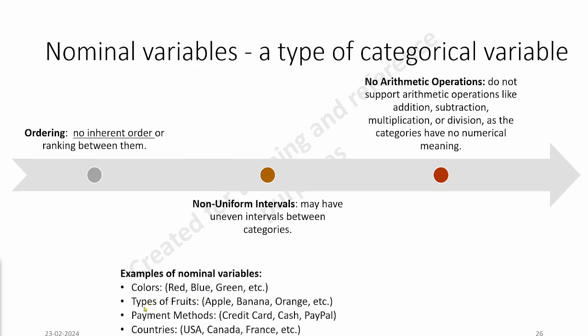The examples are type of fruits, let's say apple, banana, orange, completely random data and nothing to do with any kind of order here. Countries, let's say, all these country names, these are examples of nominal variables. Now, again, the discrete variables, ordinal variables, nominal variables are challenges when it comes to machine learning. And there are techniques that we have to consider when we face such data in our data set.